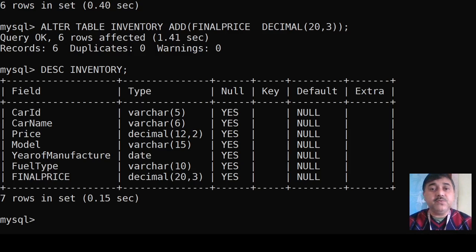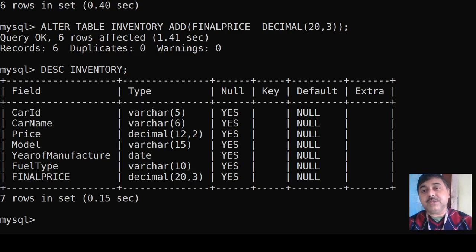Okay, as we have added this final price, now what is our job? What do we need to do? There is a command for which we need to do some implementation. What is the implementation? I am reading that section again. My implementation is to add a new column final price, and to the table inventory, which will have the value as the sum of the price and 12% of the GST.